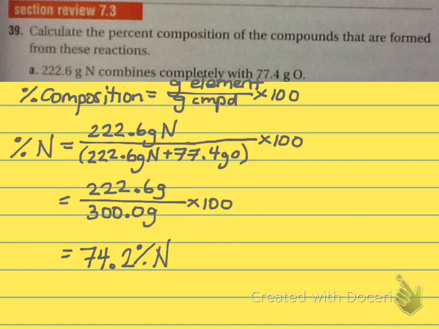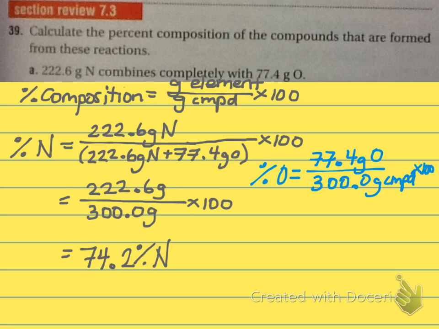So for the percent of oxygen, it's still the same equation: 77.4 grams of oxygen over the 300 grams of the compound times 100.